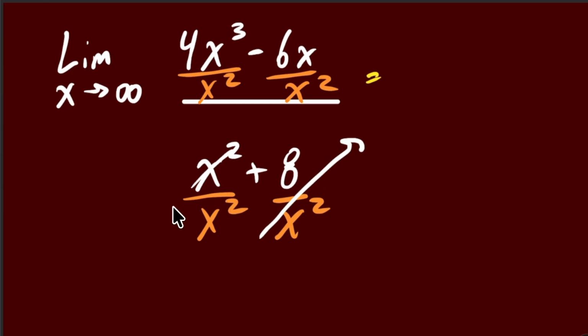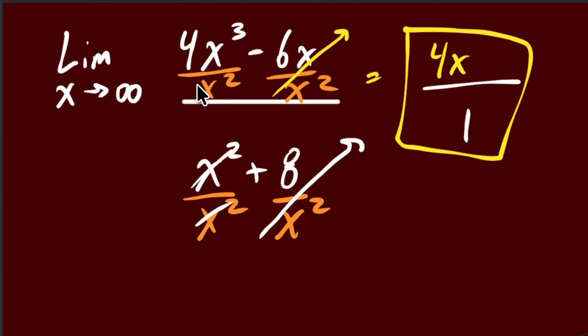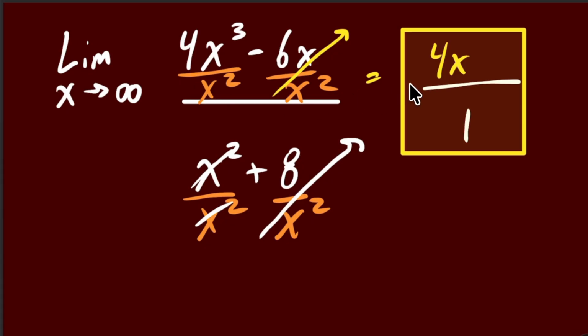X squared over x squared is going to go to 1, so we're going to have 1 in the denominator. In the numerator, this is going to go to 0 because it's bottom heavy, and here the x cubed and the x squared, they're going to cancel out. You're going to have 4x on the top. So when you plug in infinity into this fraction, you could see that this limit is heading towards infinity.